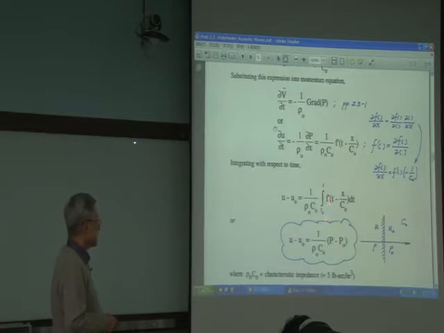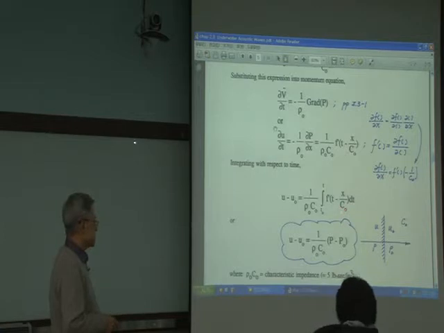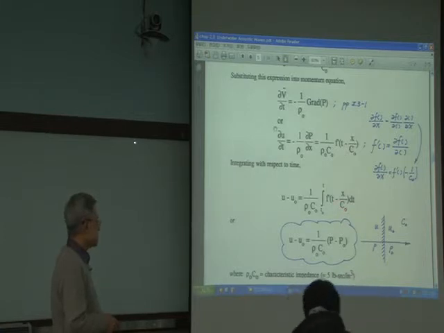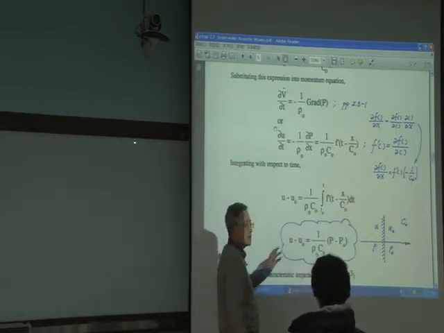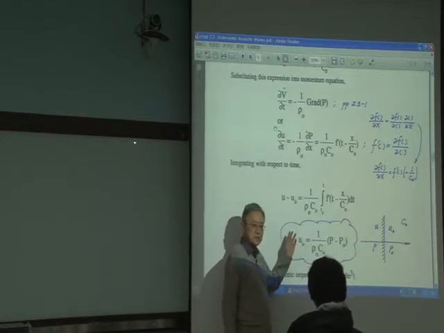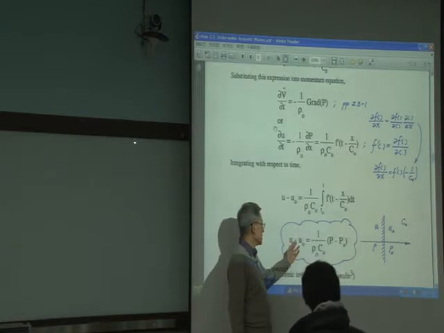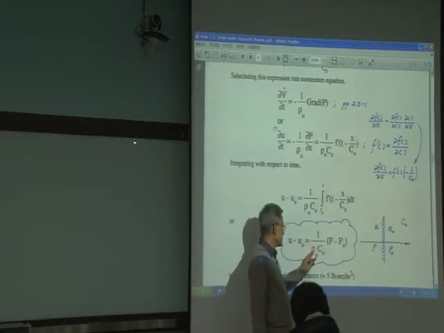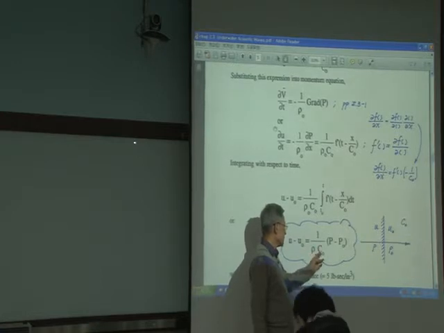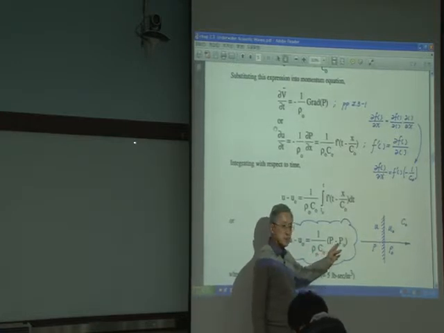Then if you integrate, some students want to see the derivation, I'll show it on the next page. If you do that, you will have a beautiful shock equation. A very important equation. I've said that about 10 times maybe. U minus U naught is equal to 1 over rho naught C naught times P minus P naught.